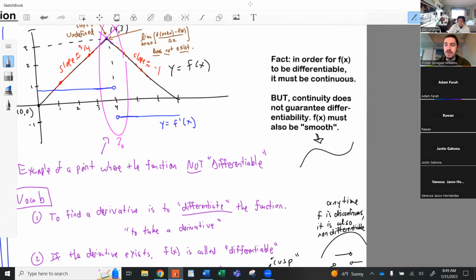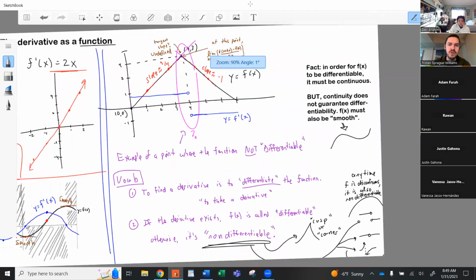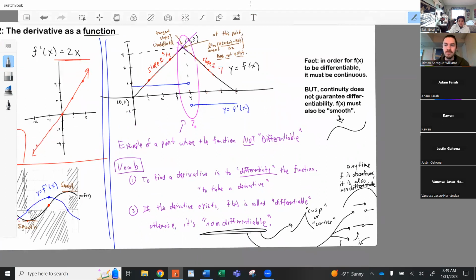That's smooth. These terms are all actually very rigorously defined. The word smooth in mathematics has a very specific meaning. We're not really going to get into that. It's a little bit beyond the scope of this class.